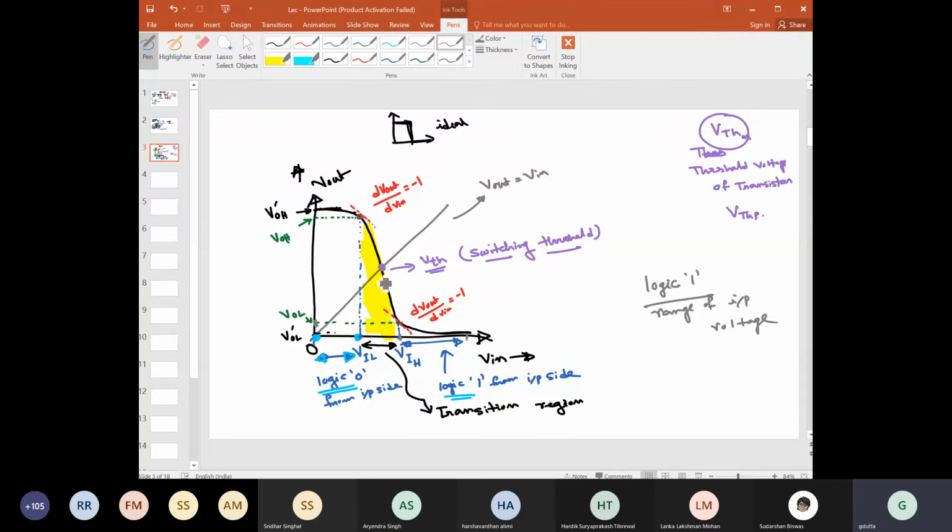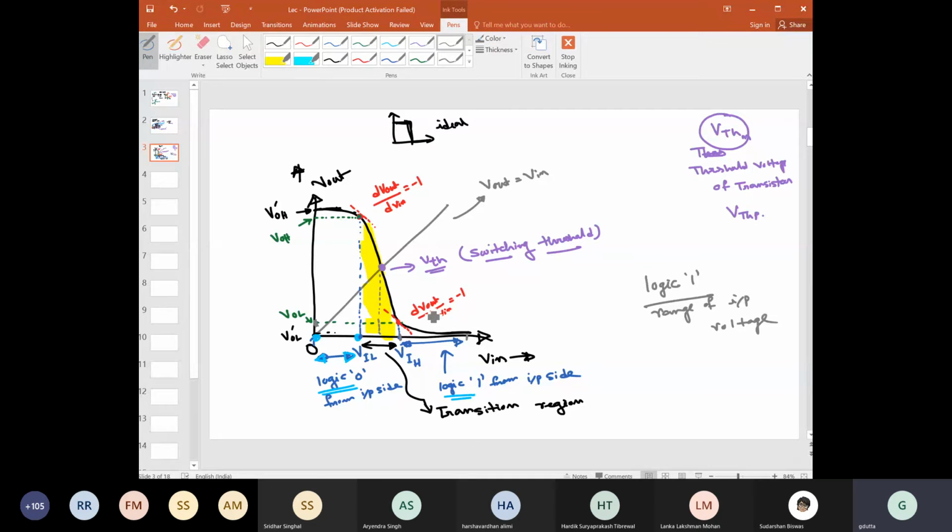we'll see that, again, technically, any voltage below VTH, if I draw from a point here, can be considered as logic 0, because this inverter gate, due to its regenerative property, can reduce the noise as it moves on.